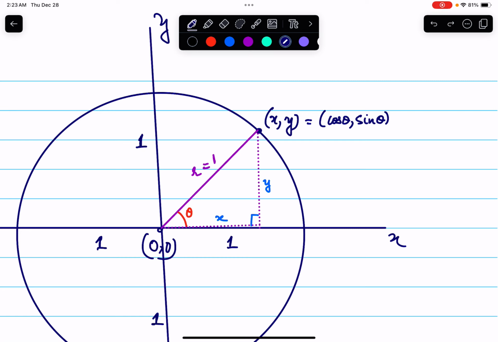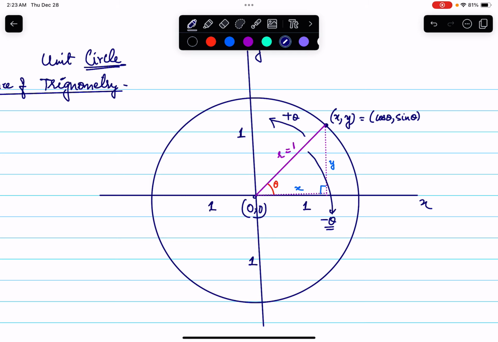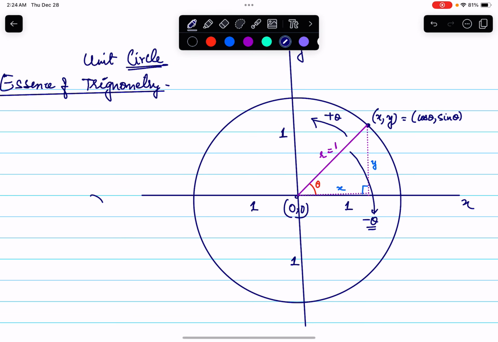Now, something to note about theta is that if you go in this direction, which is anti-clockwise, then you're going in the direction of positive theta. And if you go in this direction, which is clockwise, you're going in negative theta. The reason this is clockwise is because this is how a clock would function, right?